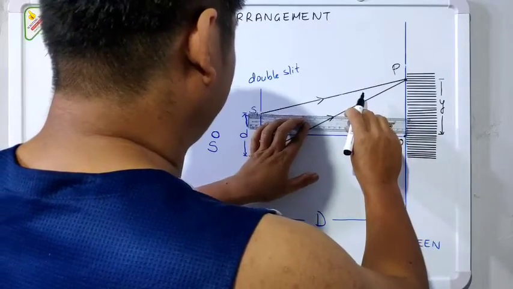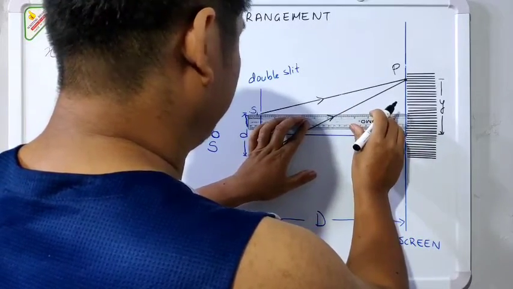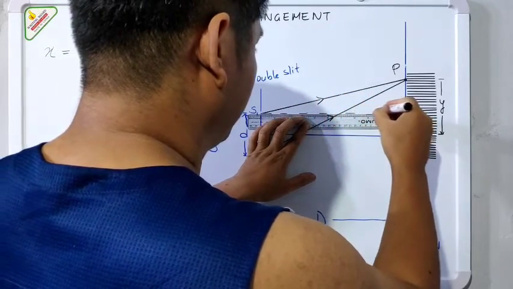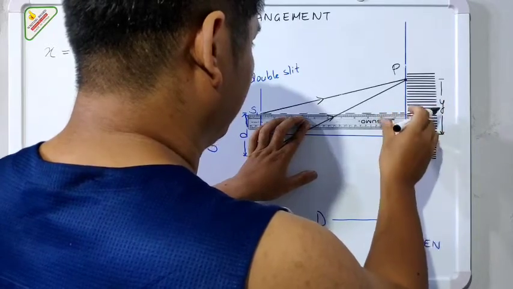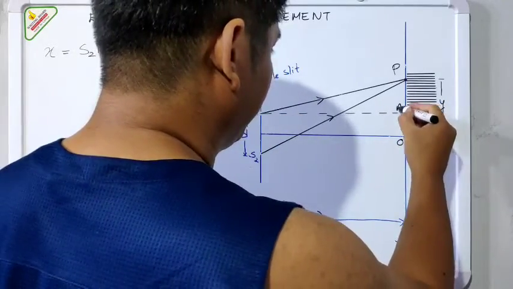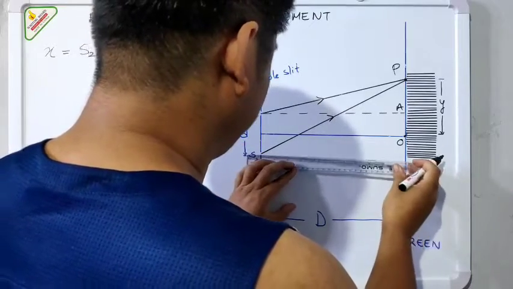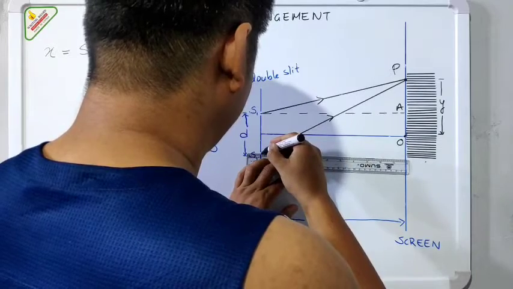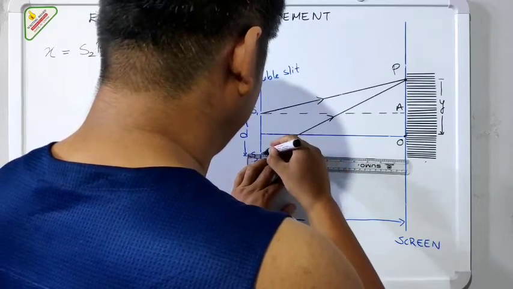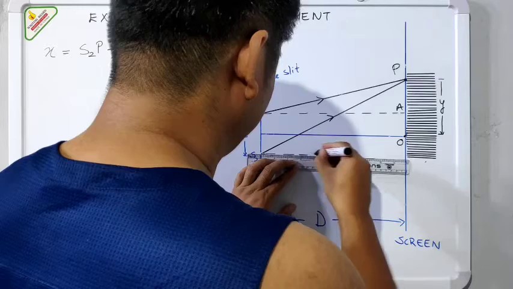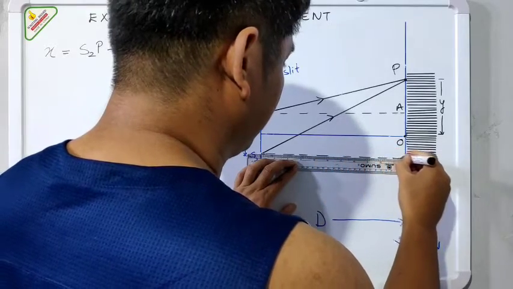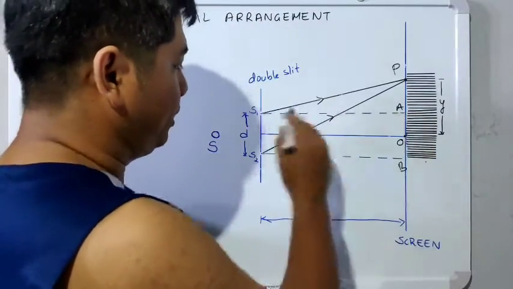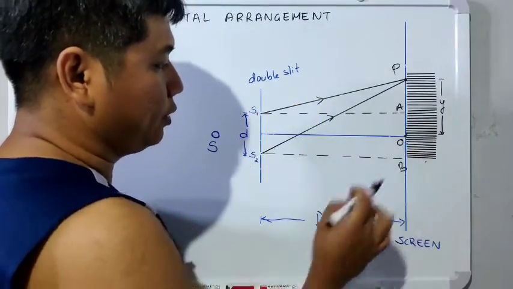Let me drop a perpendicular from S1 to the screen. Let it be point A, and from S2 also we drop a perpendicular to the screen. Let it be B. OA is d by 2 and OB is also d by 2.